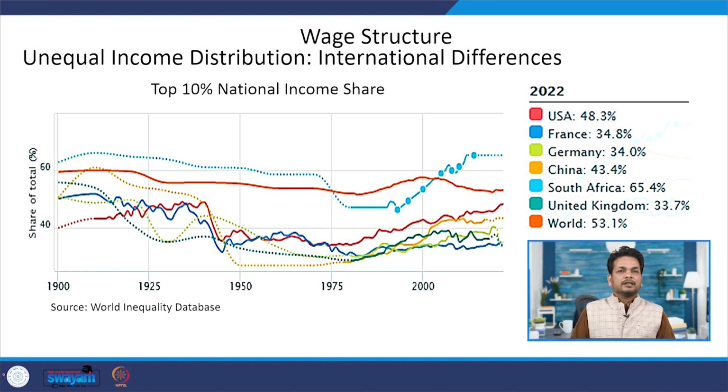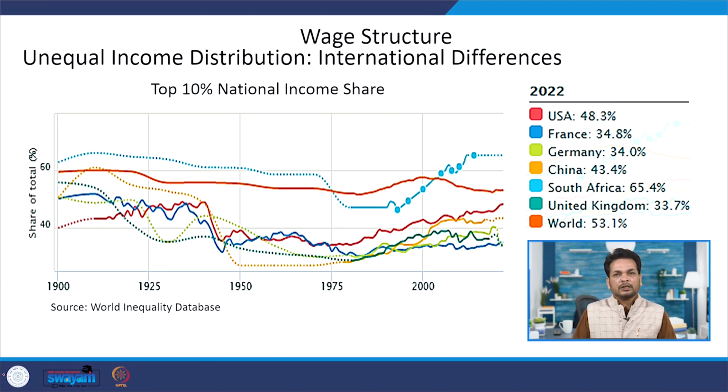When we see the top 10% national share, you can see the top 10% of the individuals above the age of 20 have a national share of more than 50% at the world level, and you can see how it varies across the countries.